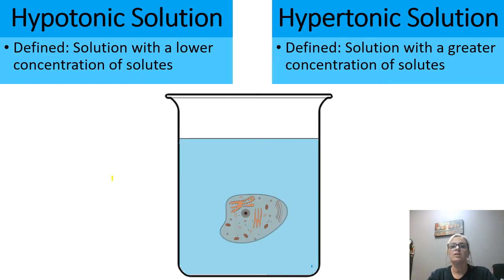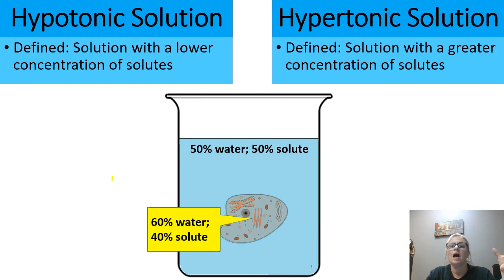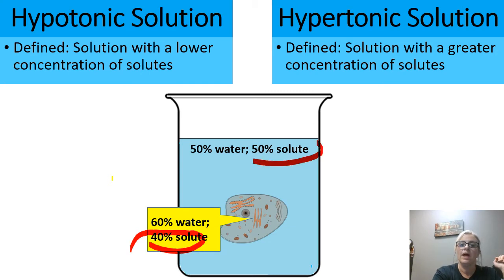All right, so let's change the concentration to where we have 50-50 in the beaker and the cell is 60-40. Which solution would be hypotonic? The one with the lower concentration of solute. Which one would that be? Here we have 40% solute in the cell and 50% solute in the beaker. So the one with the lower concentration, the cell, has 40%.